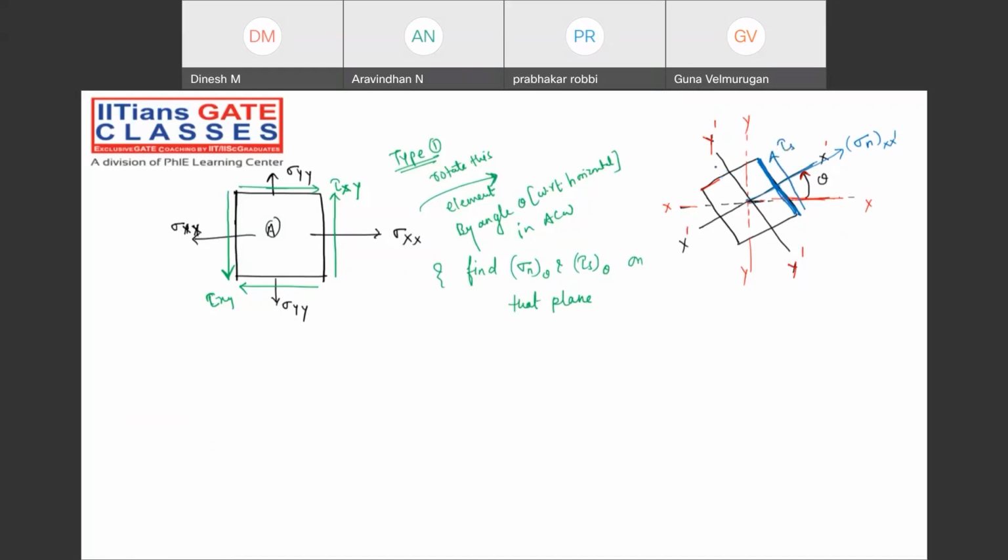What will be sigma y dash? That you need to calculate. Please note down, very important.